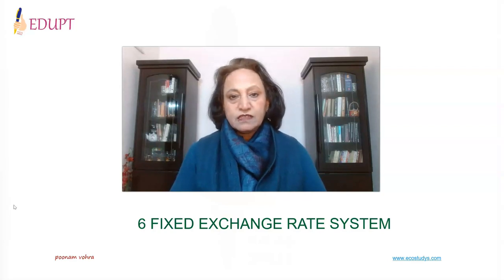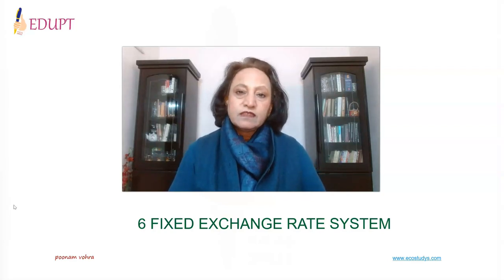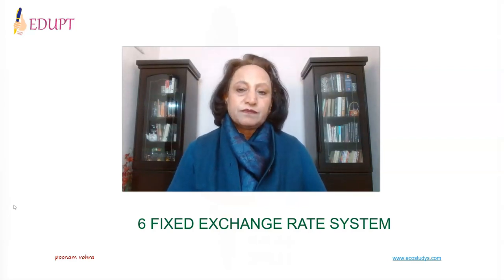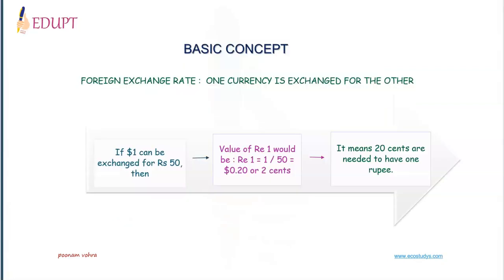In this session, you will understand the various exchange rate systems focusing on fixed exchange rate system. So let us begin with the basic concept of foreign exchange rate. It refers to the rate at which one currency is exchanged for the other.